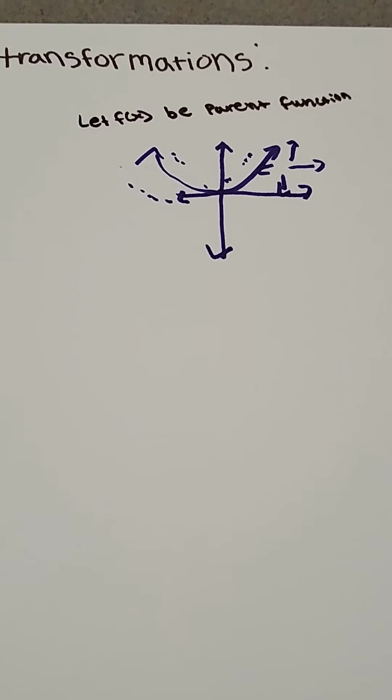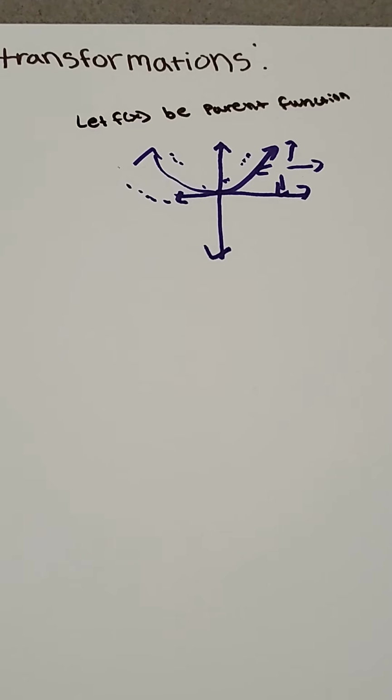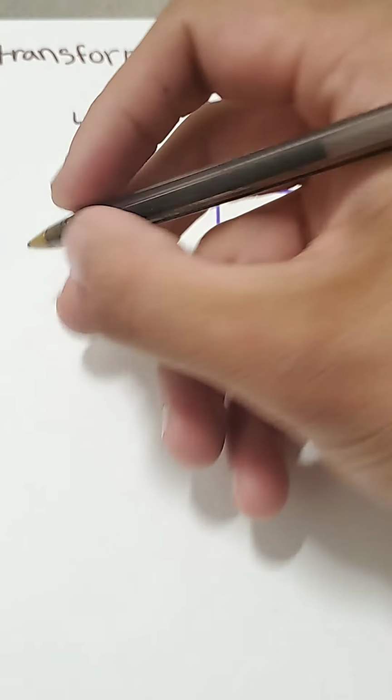And it could also reflect. So, different ways of writing things mean different forms of transformations. And so let's start off with up and down.